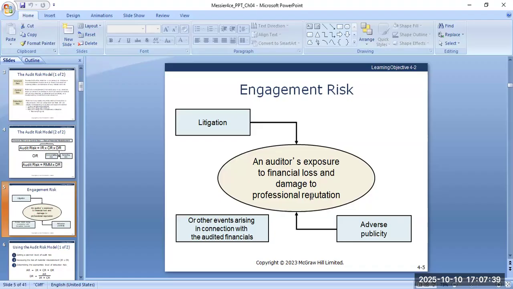How is this going to affect us? Well, that can expose us to some financial losses. We may lose money because of the penalties and anything that we may suffer because of engaging with the client, which is doing something inappropriate. Second, we may lose our reputation.